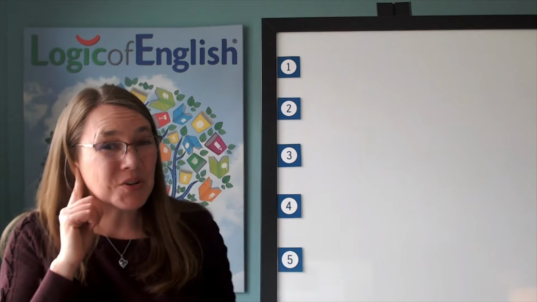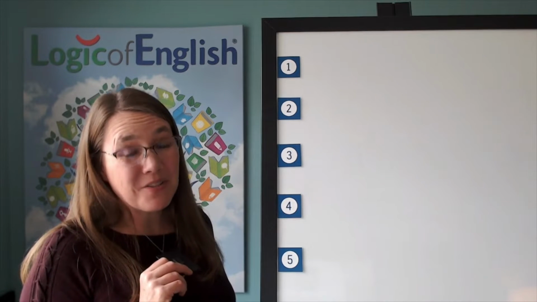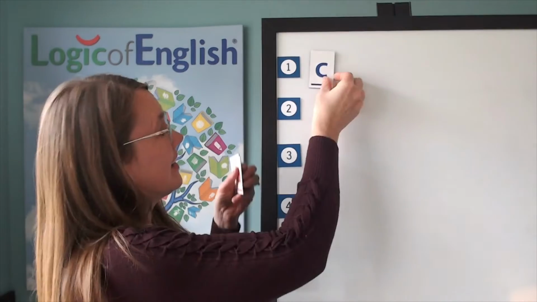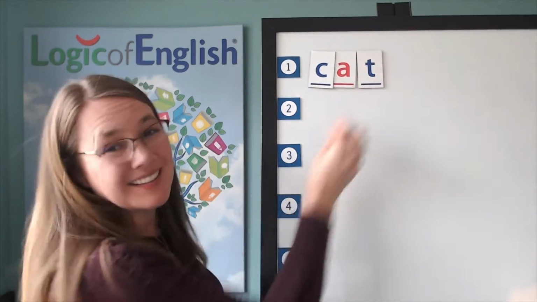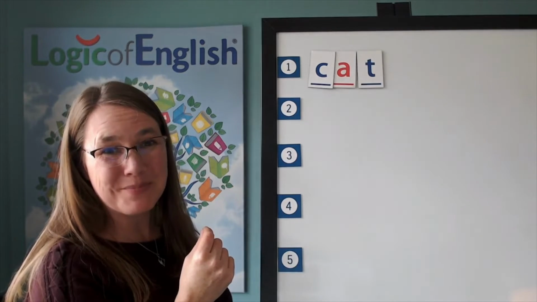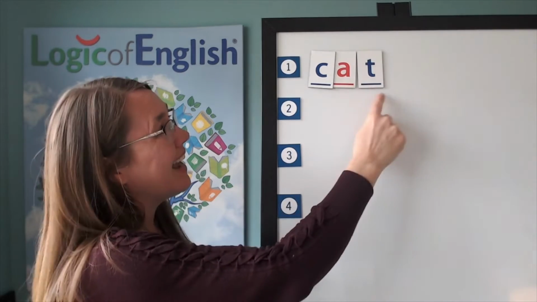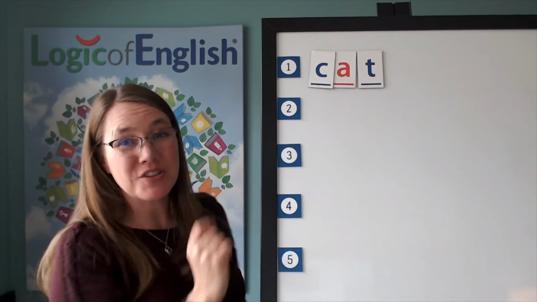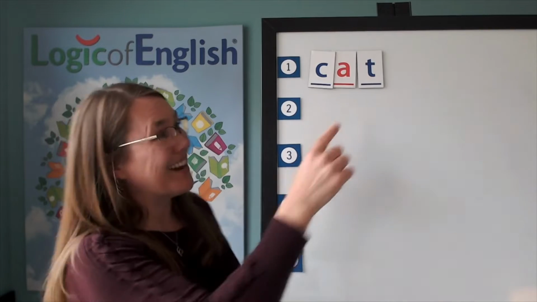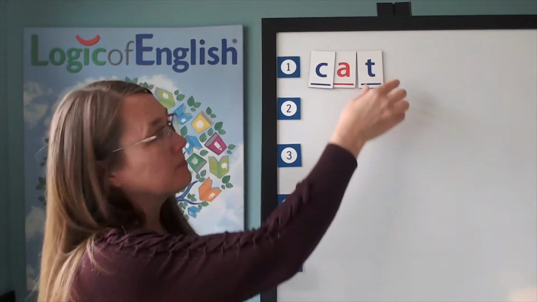I even want to hear you sounding it out as you write it. Now, sound it out for me. K, a, t. Is that what you wrote on your paper? Let's read it. K, a, t. Cat. Look at that. These pictures of sounds are combining together to make the word k-a-t, cat.